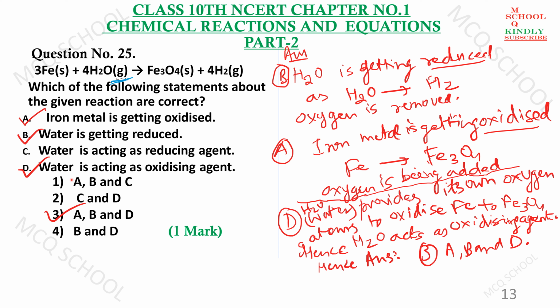In this, water is not working as a reducing agent; rather, because it has oxygen, water is acting as an oxidizing agent. So D is also correct, because it provides its own oxygen to oxidize iron to ferric oxide. Hence the total answer is A, B and D.